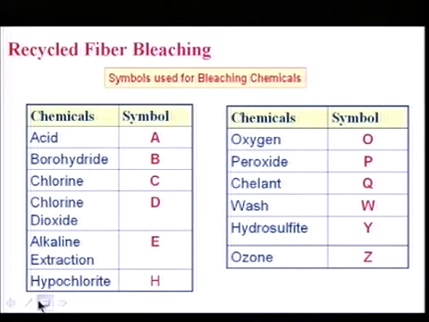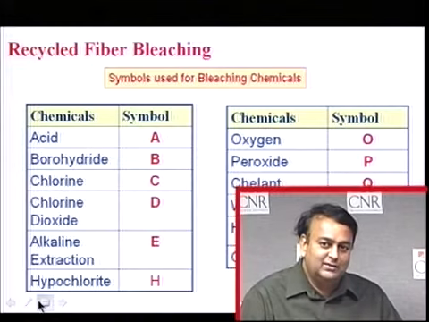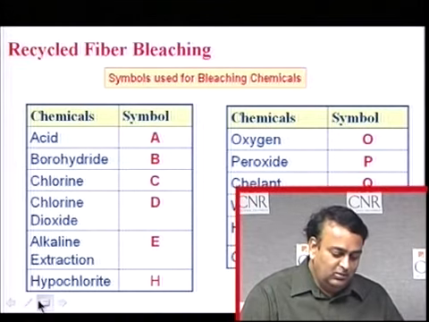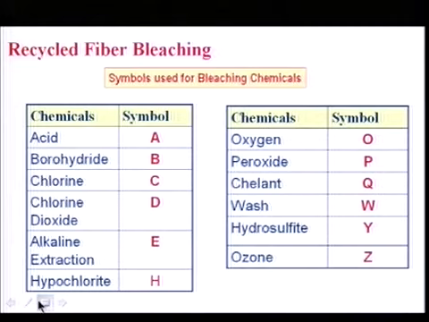Sometimes people use the letter F for FAS chemical, formamidine sulfonic acid chemicals, and also O for oxygen and P for peroxide. The letter Q is used for chelate for fixing the metal ions.